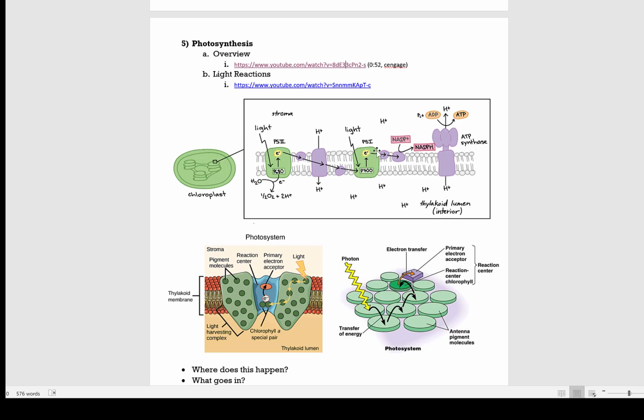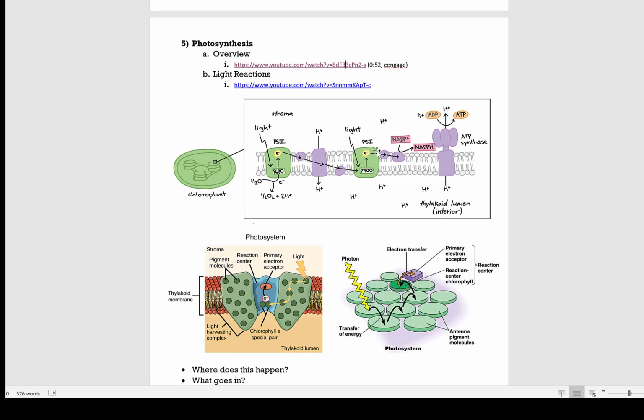And know that in the thylakoid lumen, we also have water breaking. It's called hydrolysis. Water breaking means the water molecule is donating 2 electrons to the chlorophyll molecule in the reaction center, P680.